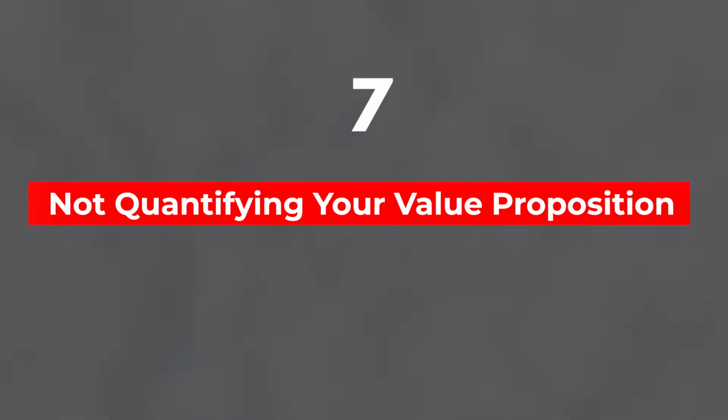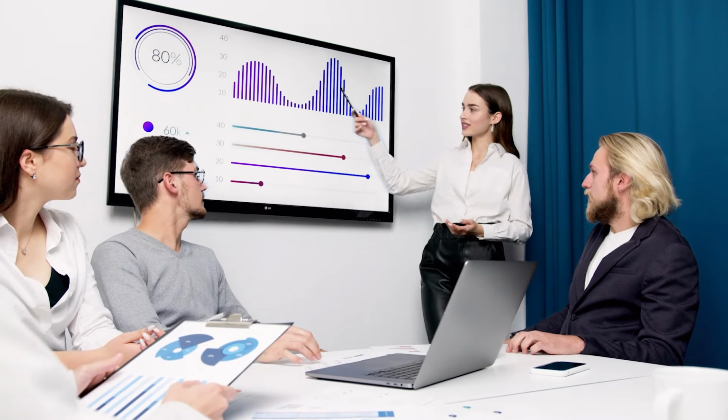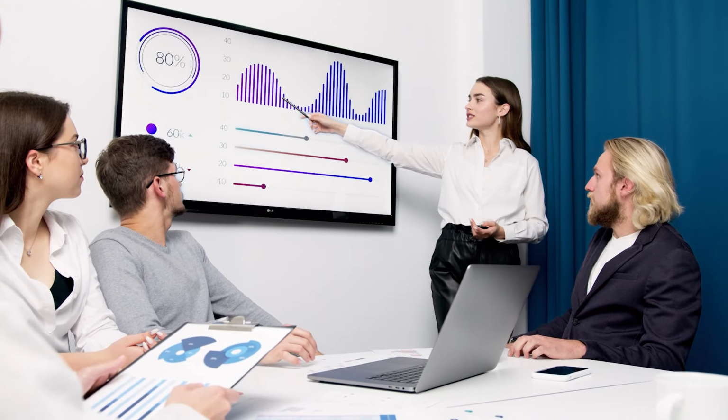Okay, number 7, not quantifying your value proposition. This is a big mistake that marketers make when they're doing positioning with product marketing management. So what they do is they look at the different benefits, the different features, the category that their product's in, and they basically make a guess. They make a guess at here's the positioning that we're gonna take.